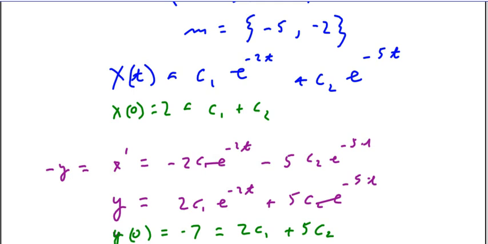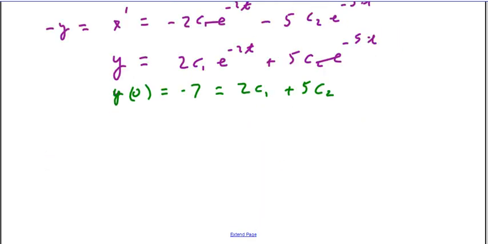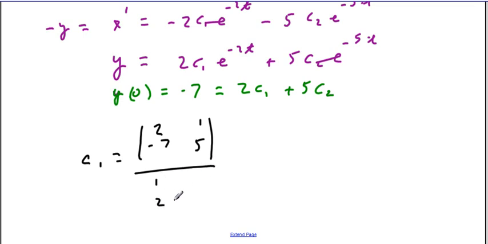Okay, so that looks good. So we'll solve for c1 first. c1 is equal to the determinant with 2, minus 7, 1, 5 on top, and on the bottom I've got 1, 2, 1, 5. So on the bottom, I have a 3.